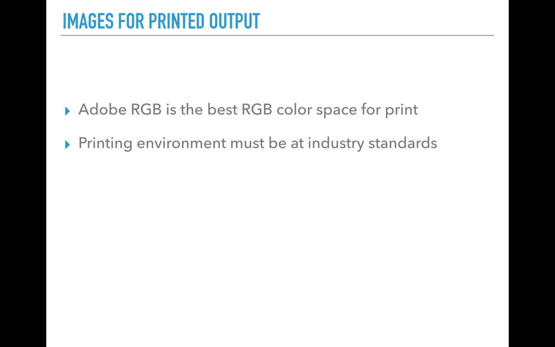You must have good ambient lighting around you, and you should have your workspace in a gray neutral environment with about 60% reflection rate. So that way, with both monitor viewing and printing viewing, you are seeing the output exactly how the consumer is going to see the output.